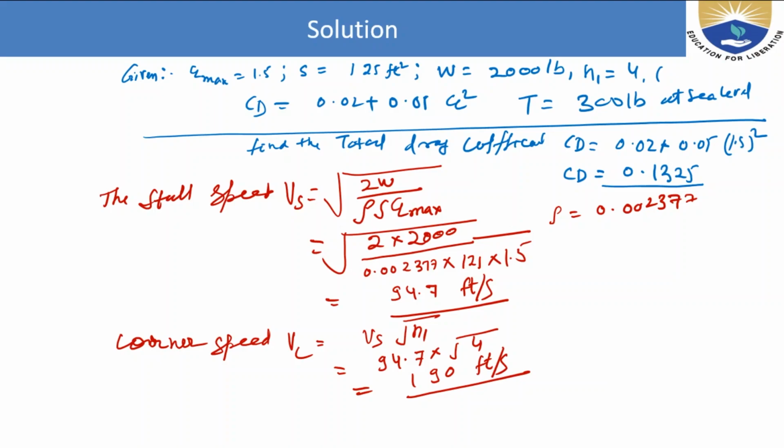Now we know the time. So we will find the time for minimum turn.